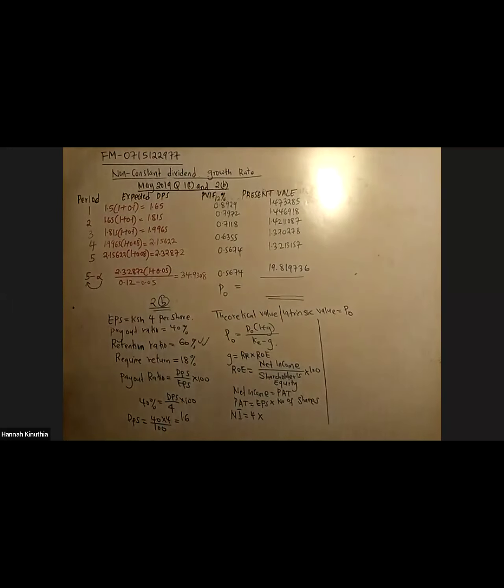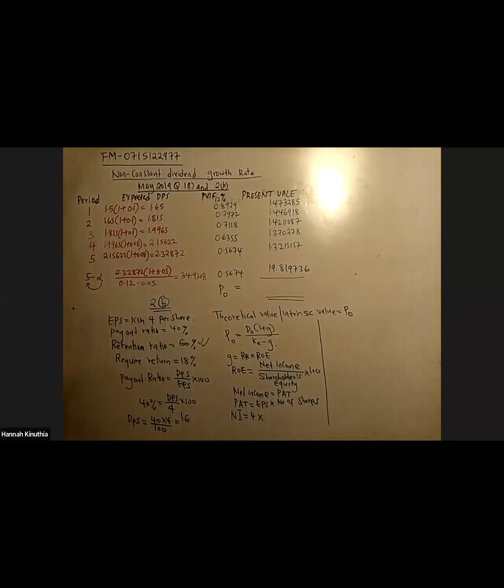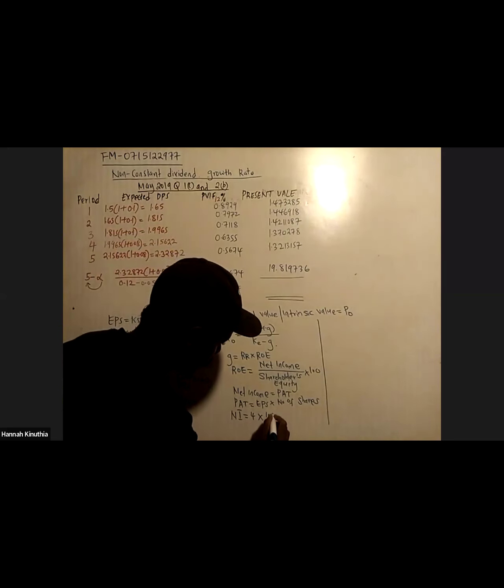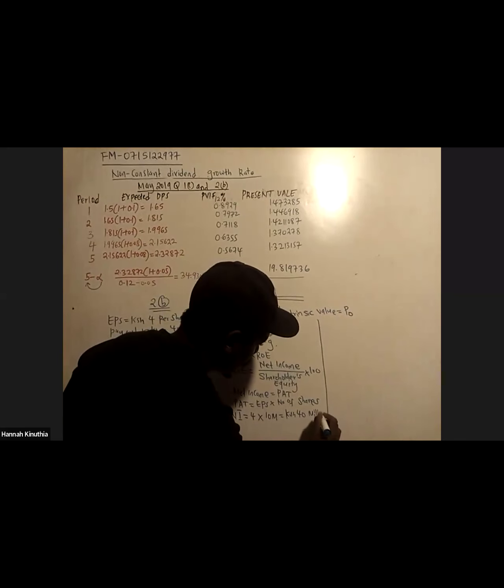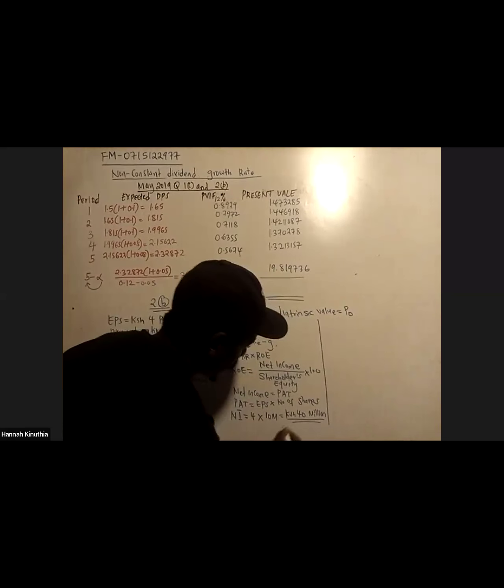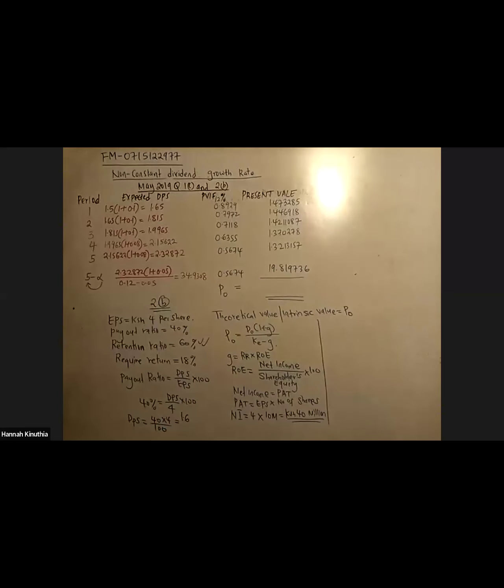Number of shares ni ngapi kwa hiyo swali yetu? Number of shares 10 million. This is 40 Kenya shillings, 40 million. So that's number one. That is the first item.